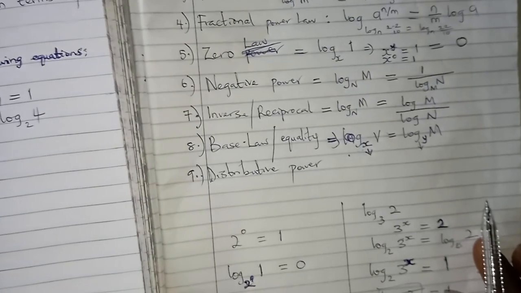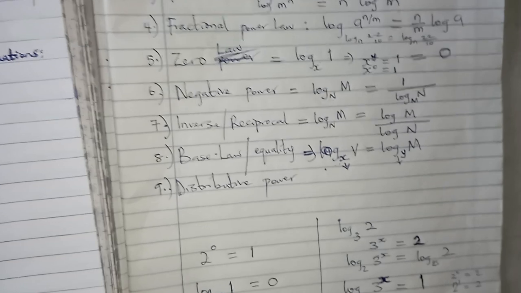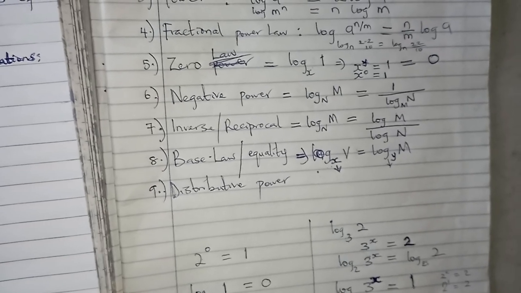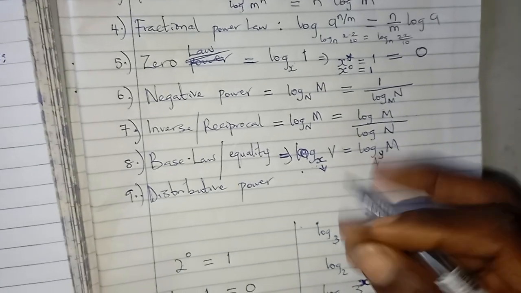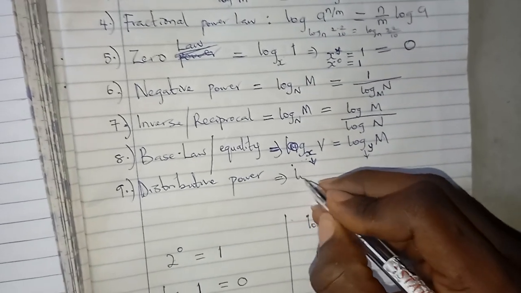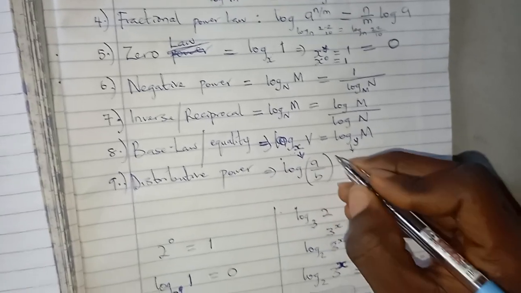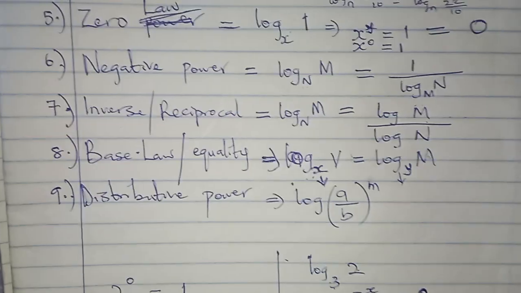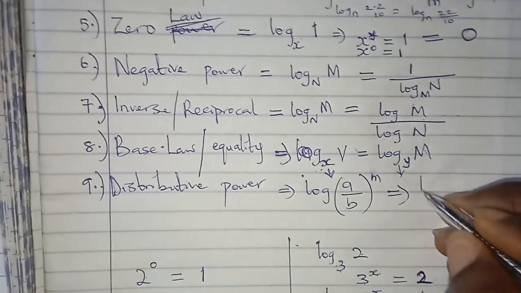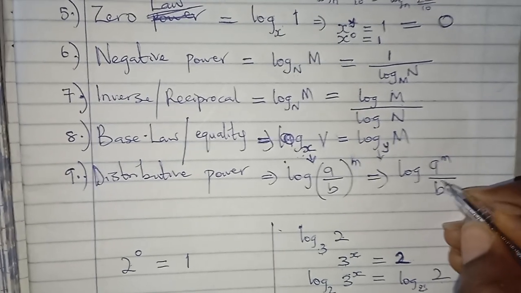So let's move to the last one. And this last one is what we call the distributive power law. So in distributive, it simply means that if I have, for example, log of (a over b) raised to power m, this is the same thing as saying log a raised to power m all over b raised to power m.